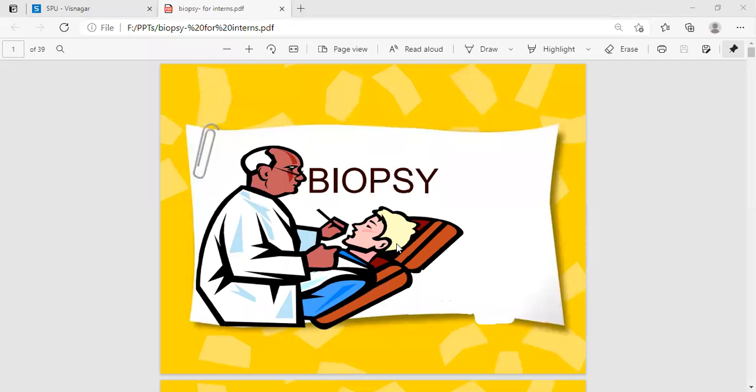Theoretically, it has been taught to you since third year, but practically you need to perform it and understand it. Then how will you send it to the histopathological lab, and how will you analyze and read the histopathological report? So what is biopsy?